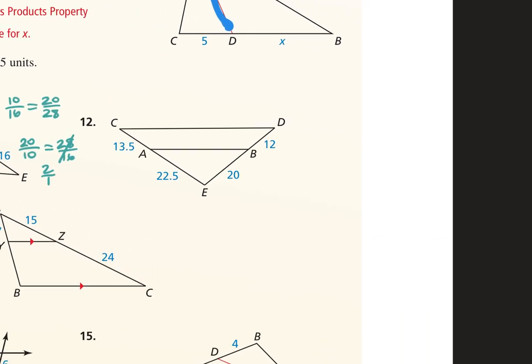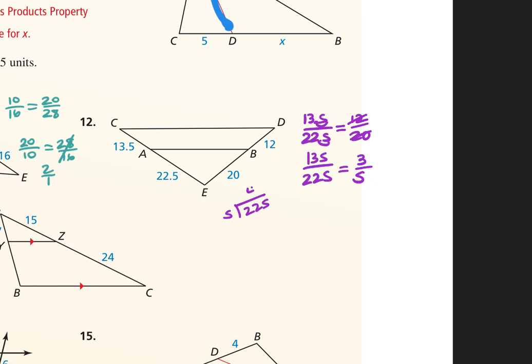Repeat that process for 12. 13.5 over 22.5 should equal 12 over 20. If I move this decimal, I get 135 over 225. 4 goes into both of these, it'd be 3/5. So then I would just see if I could divide the 225 by 5.